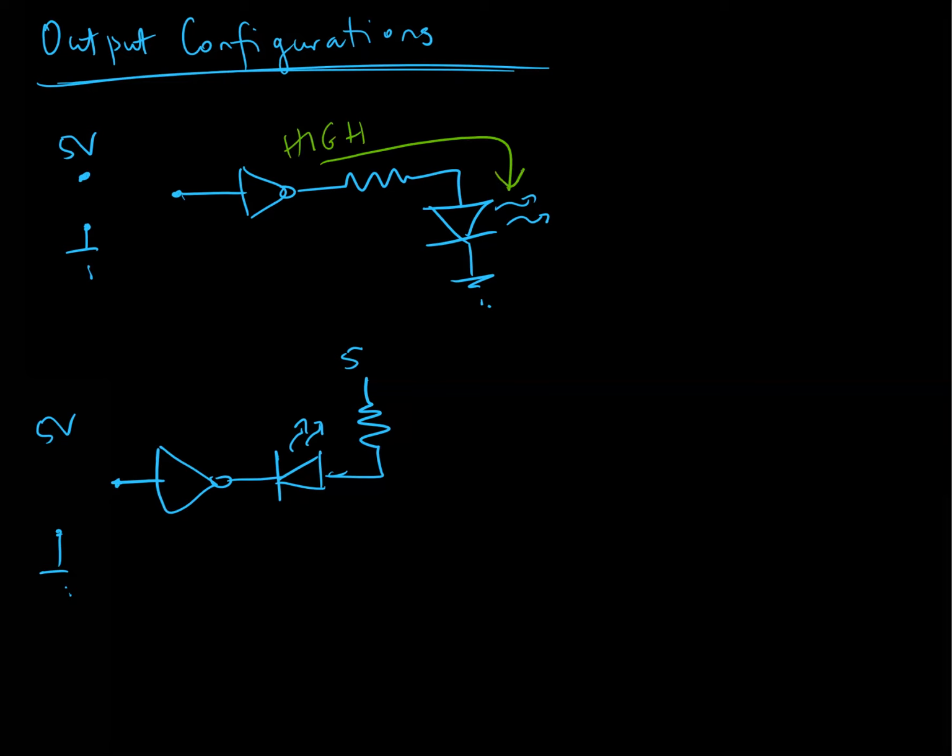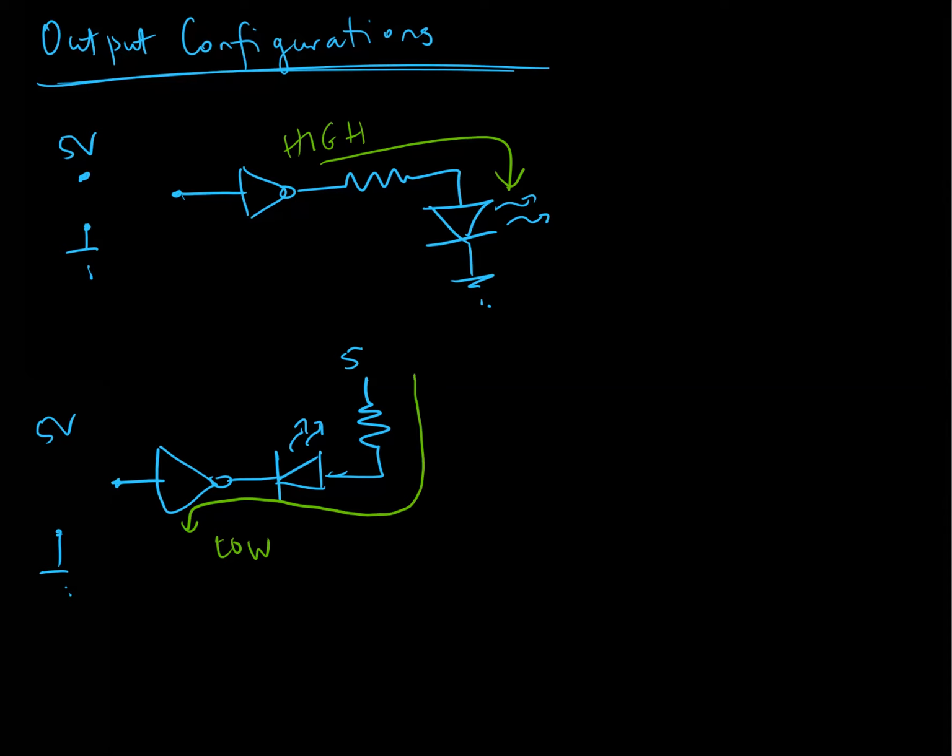For the second configuration, it is actually the low output that turns the light on. So if I get a low on this side of the LED, that's lower than the 5 volts, so the LED will turn on and the current will flow this way and through the chip, right?